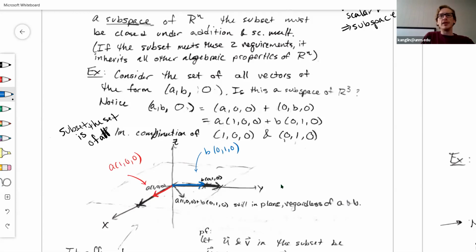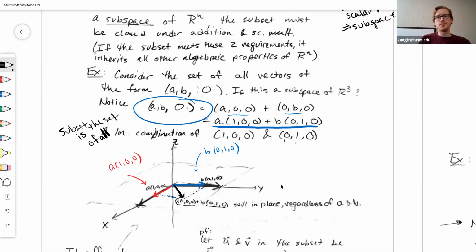Well, then if I add these together, to see the vector I'm actually talking about in my subset, vector addition would give me, by the parallelogram rule, in black pen, this vector: a times 1, 0, 0 plus b times 0, 1, 0.